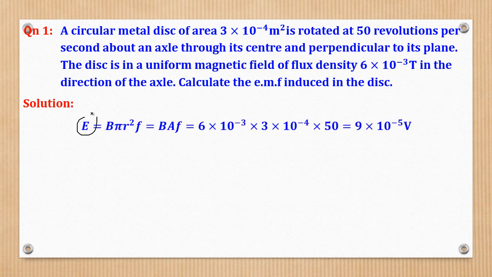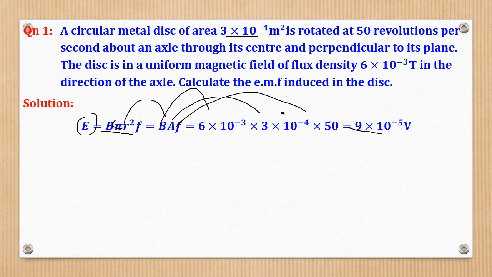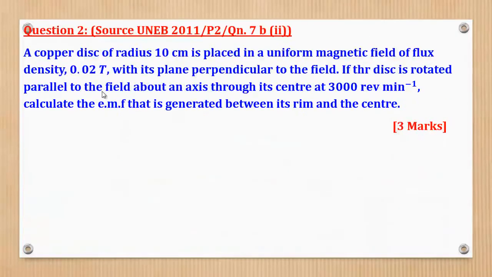So we know that E is equal to B pi r squared F. Pi r squared is area, so because it's already given, that's why you use area. So I substitute B, area, F. F is revolutions per second, to give you the EMF induced.